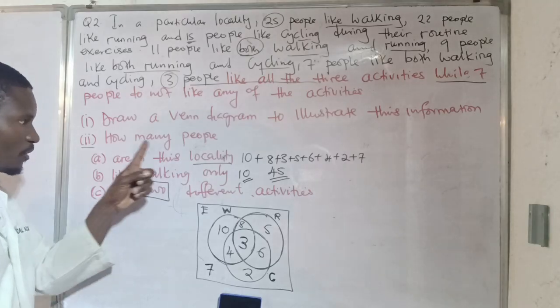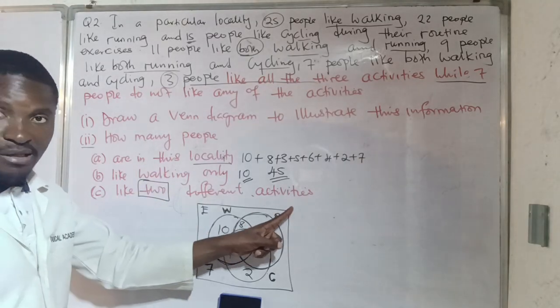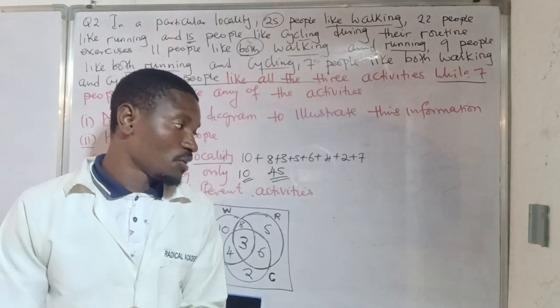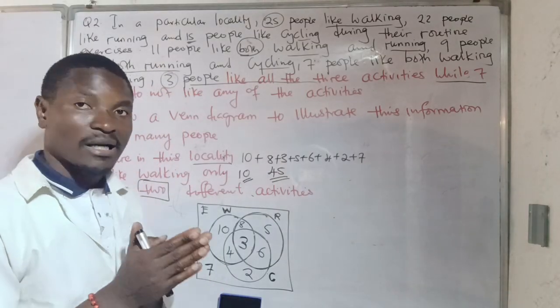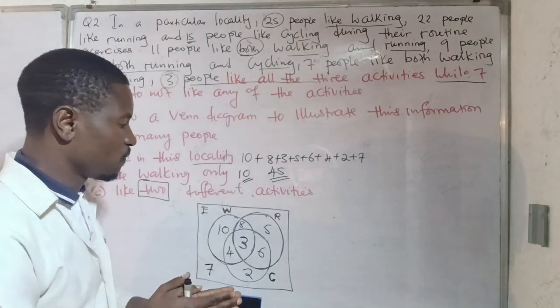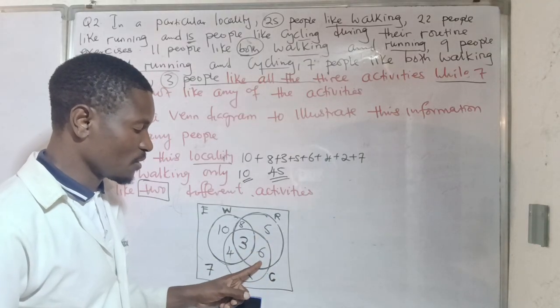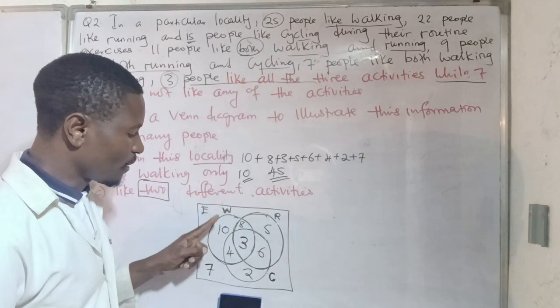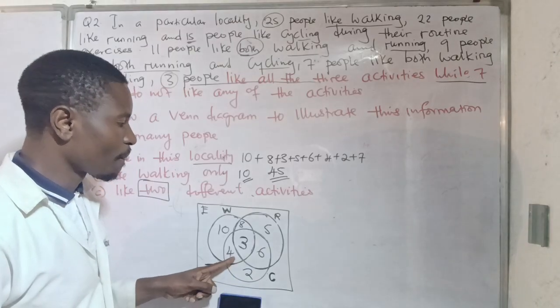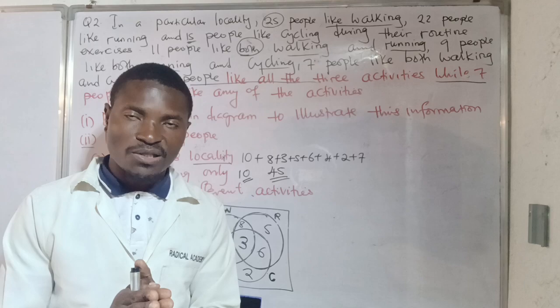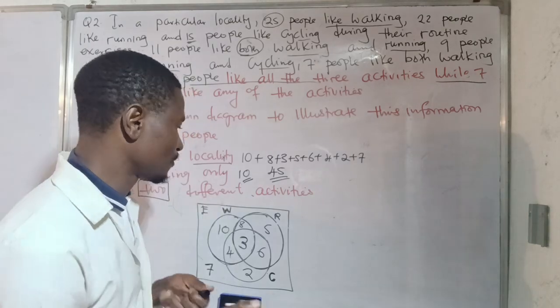Then how many people like 2 different activities? When you want to find 2 different activities, you look at the intersections of the 2 activities. Running and cycling is just 6, walking and cycling just 4, and walking and running just 8. You only take those numbers and add them.